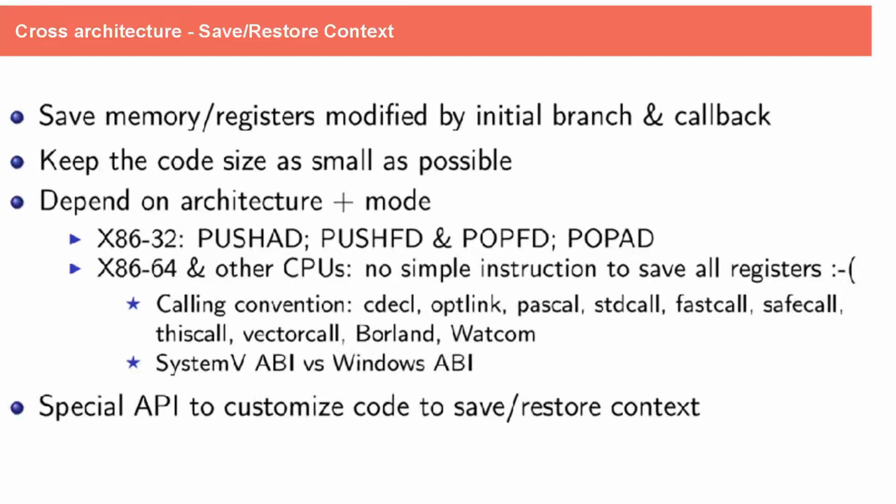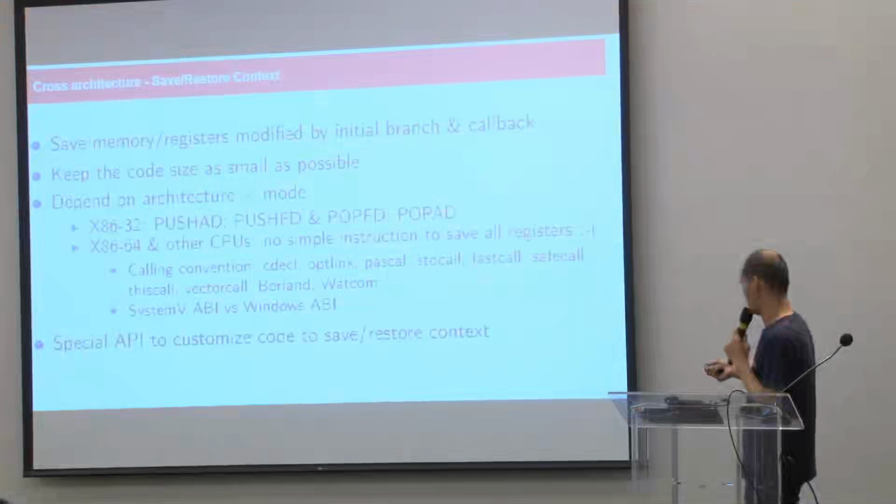So remember that we try to keep the code size of the instrumentation as small as possible. For example, on Intel 32-bit, you can use PUSHAD to save all the registers into the stack memory, and after that, we POPAD.